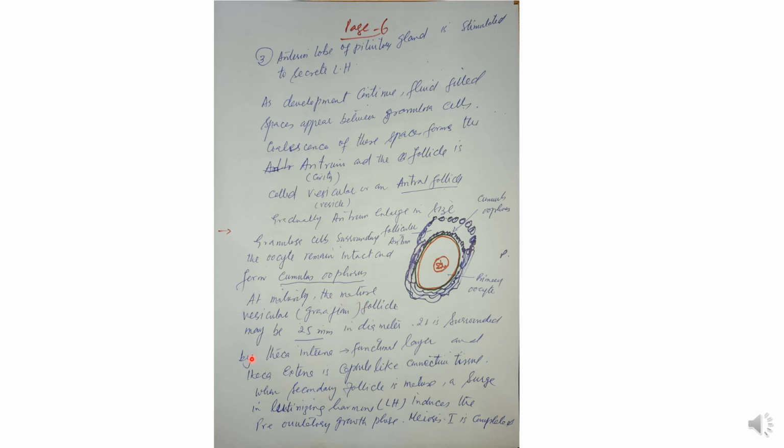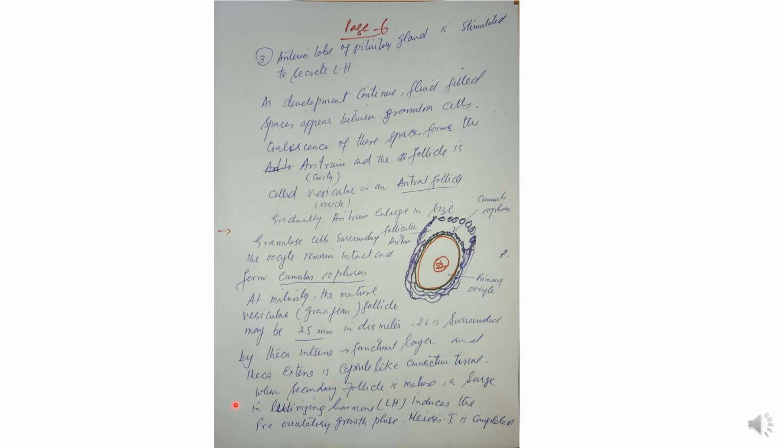At maturity, the mature vesicular or Graafian follicle is 25 mm in diameter. It is surrounded by the theca interna, the functional layer, and the theca externa, a capsule-like connective tissue.